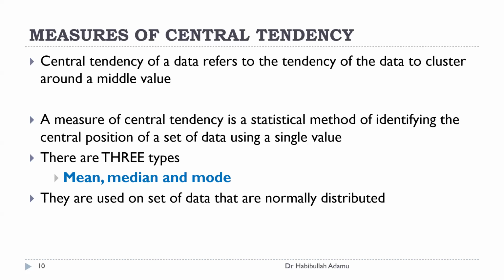That means some are a bit above that value, while some are a bit below that value. So it is very good in statistics because it gives you overall idea of the type of measure that you are dealing with. So the main types here are mean, median, and mode.